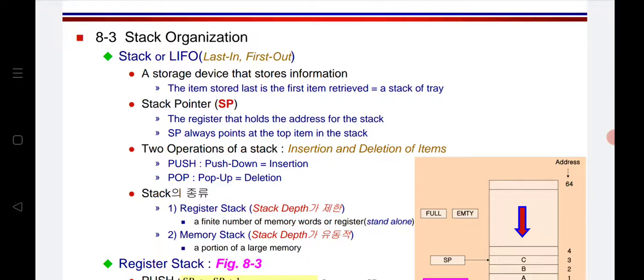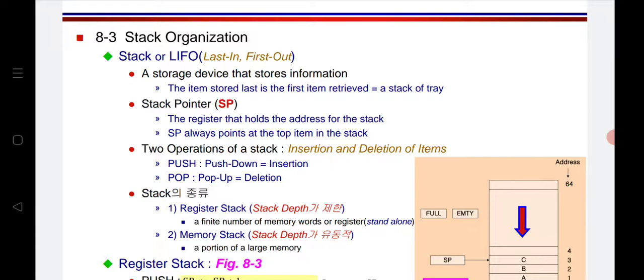Now when you go with the stack organization, basically there are two types: one is register stack organization, and the second is memory stack organization. What do you mean by register stack organization?